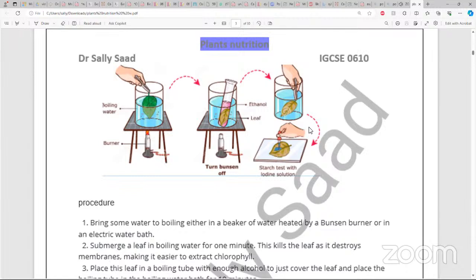If I tested the leaf for starch using iodine solution and it was negative, it means there was no photosynthesis. Word equation and symbol.